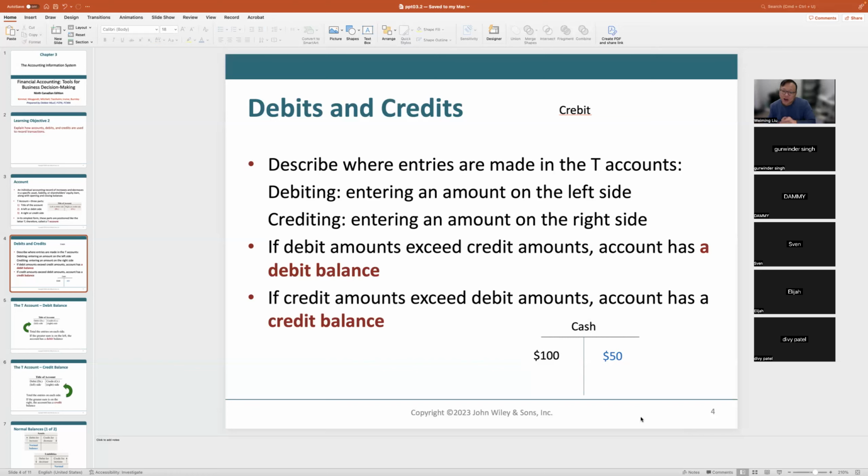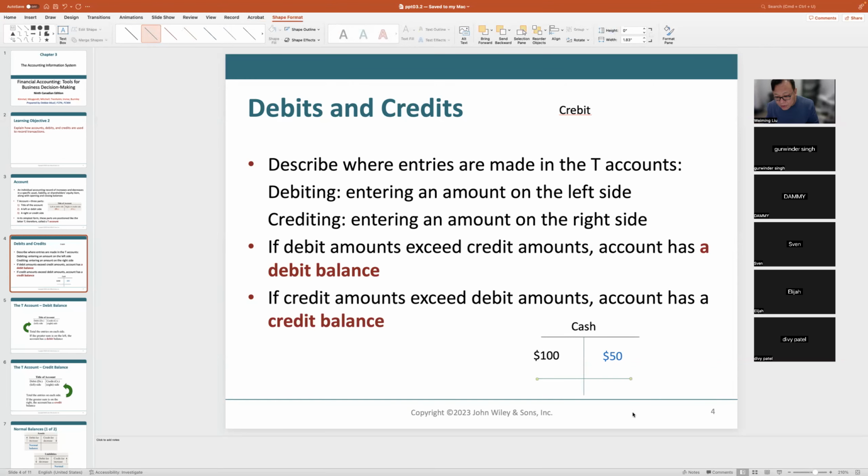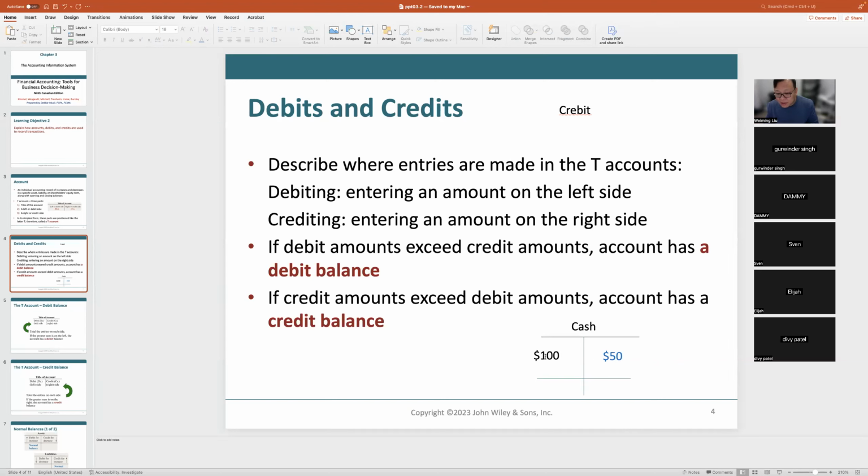So what does that tell me? My cash balance decreased by 50, right? For the 100, I received $100. For the $50, I used $50. Now my debit is more than my credit. The left side is greater, right?